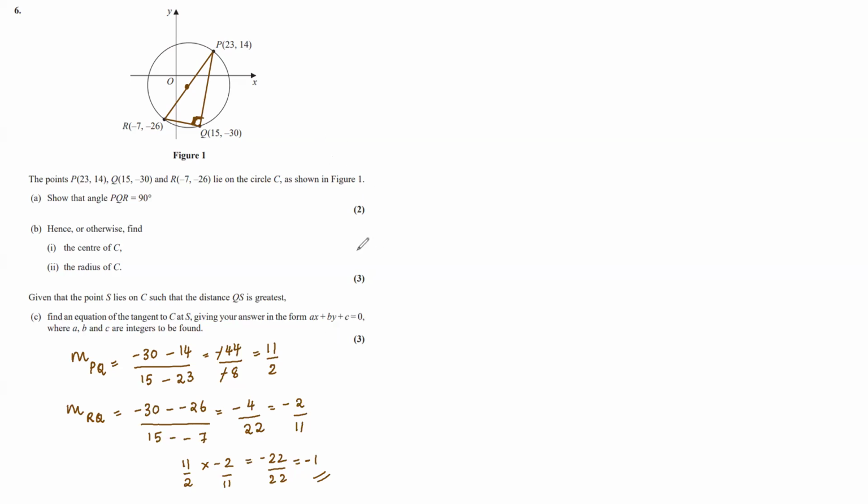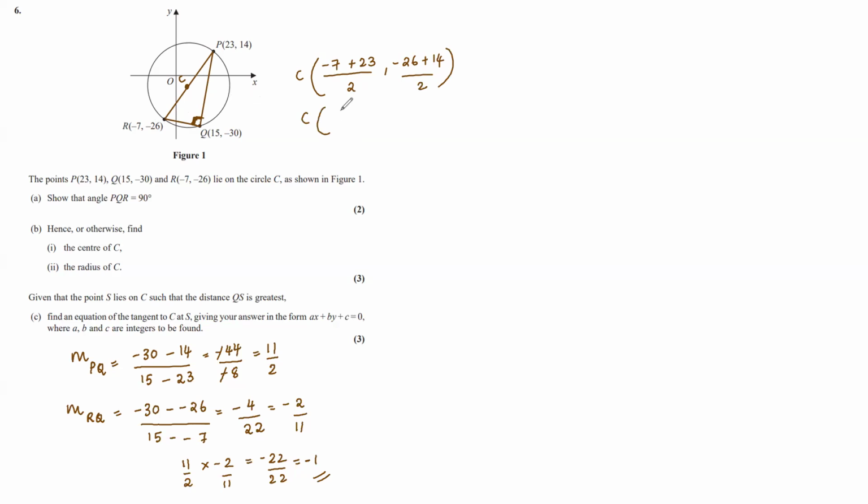So let's find out the center here. The center, let's call it C, will be the midpoint. We know the formula: x1 plus x2 divided by 2, comma, y1 plus y2 divided by 2. So -7 plus 23 divided by 2, comma, -26 plus 14 divided by 2.